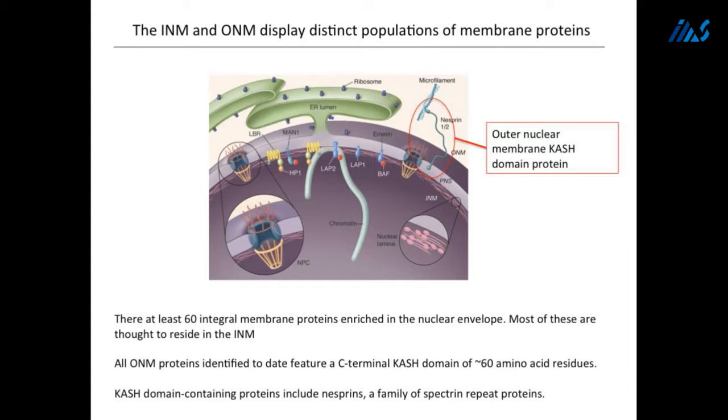All of these outer nuclear membrane proteins feature a carboxy-terminal KASH domain, and I'll get back to exactly what that is in a few moments. All of these KASH domain containing proteins, at least in mammalian cells, include the nesprin family of spectrin repeat proteins, and we'll come on to those momentarily.